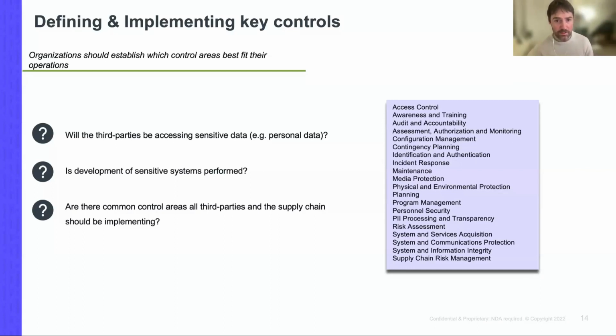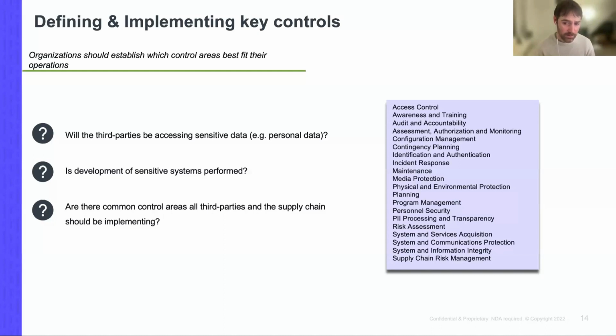Do we need to look at media and system protection? And do we need to look at personnel security, for example, and PII? Is the development of sensitive systems performed? Or are we looking at outsourcing and looking at suppliers that are going to help us develop particular applications? If so, system and service acquisition, system protection, and system development controls will be far more relevant to us and areas that we should be focusing on.